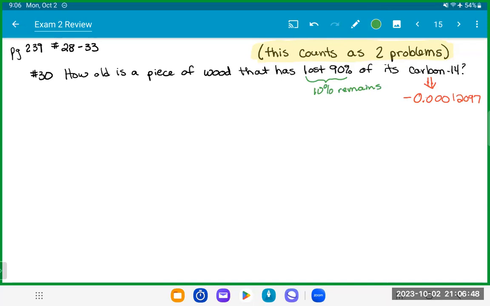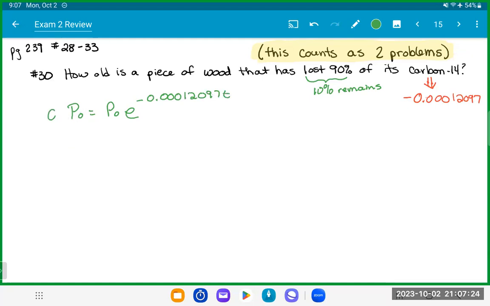So if I have an initial value, but I only have 10% of my initial value, right? We have P naught is equal to P naught e raised to the negative 0.00012097 t.